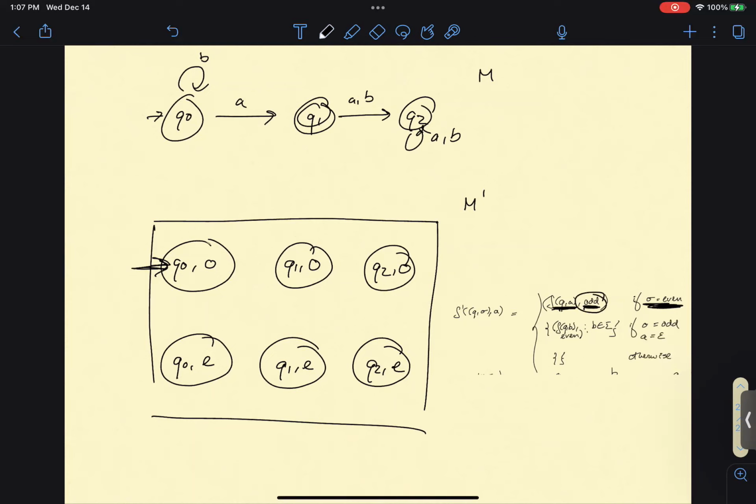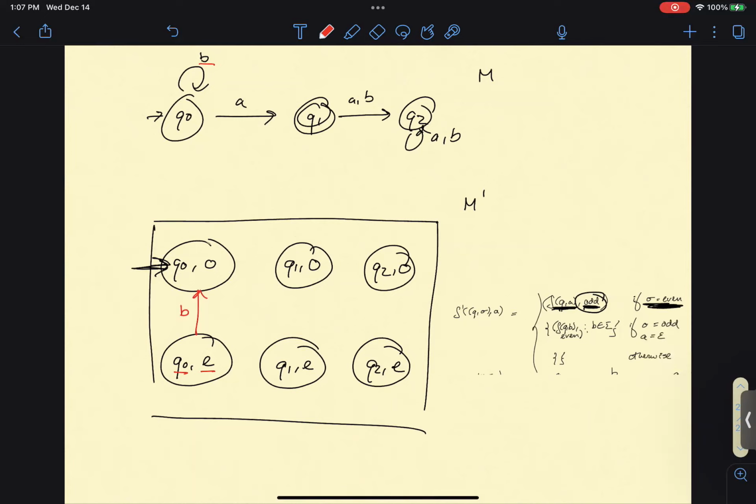So now here I'm in Q0 and I'm even. If I read a B, I go to Q0, but in the odd state. So I go here.